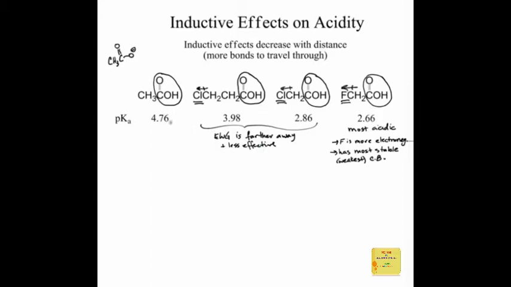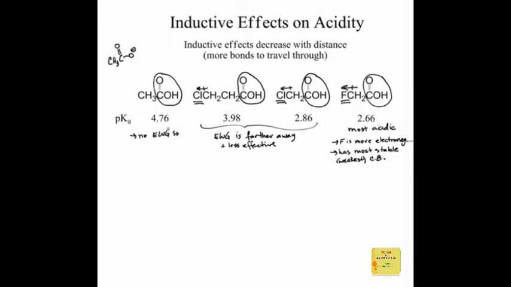Okay, and why does this have the highest pKa of all of them? Why is this the weakest acid of all of them? Because this has no electron withdrawing group. There's nothing there to help stabilize the O-. They all have the same O-, so there's nothing additional here to stabilize the negative charge that the others have.